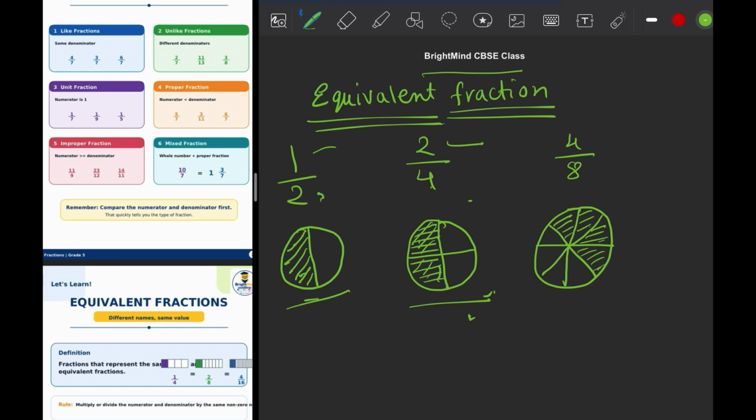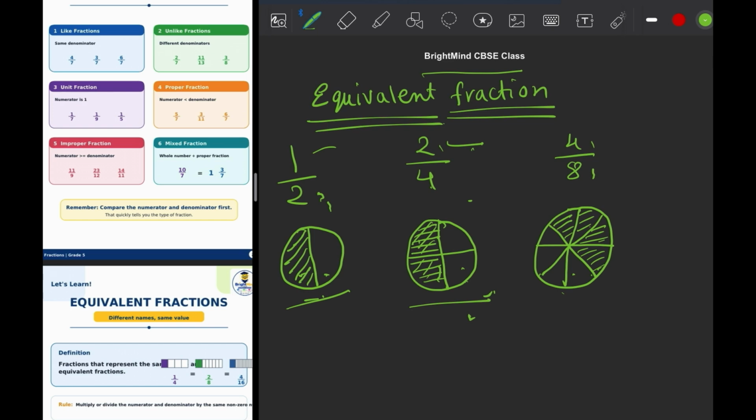If we check all 3 pies, if you check closely, we ate half of the pie each time. Half, half, half. So we see that 1/2 is equal to 2/4 and that is also equal to 4/8.